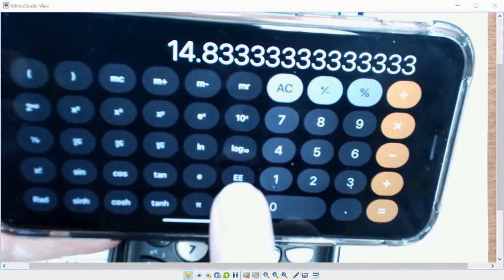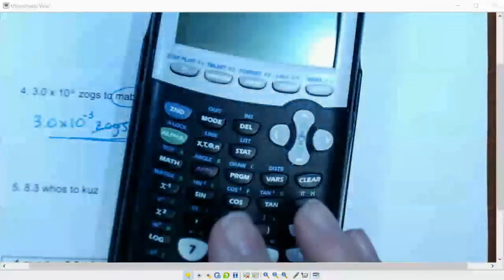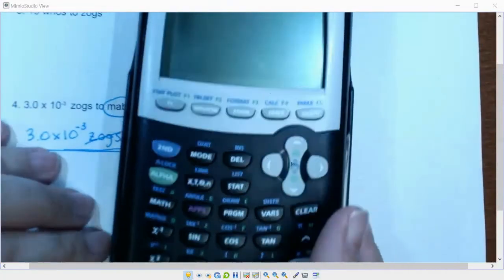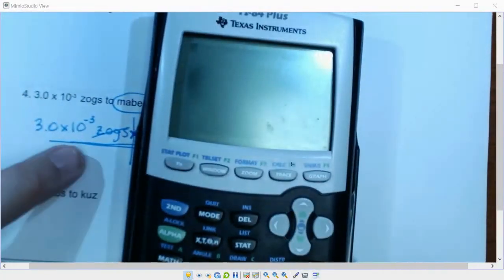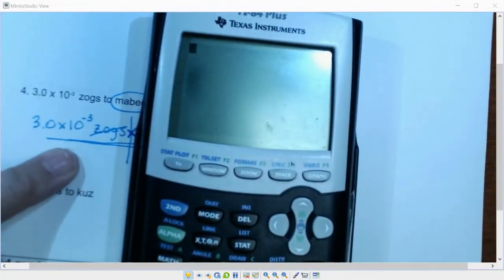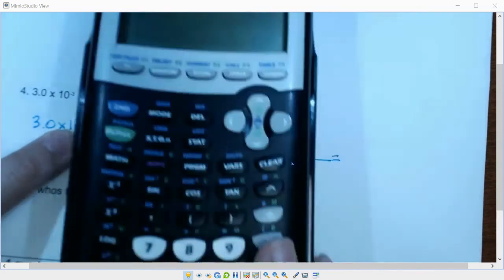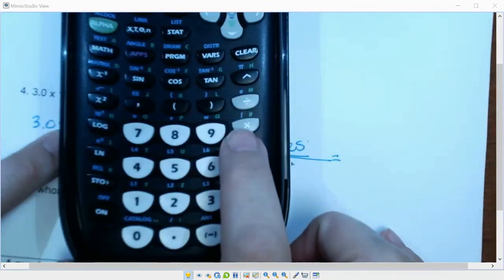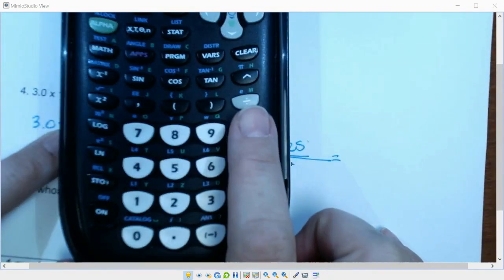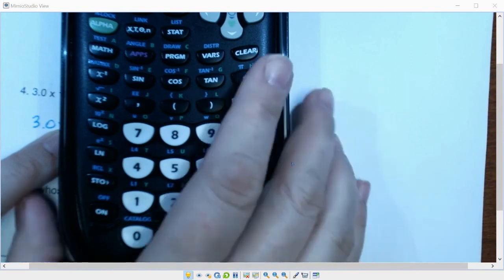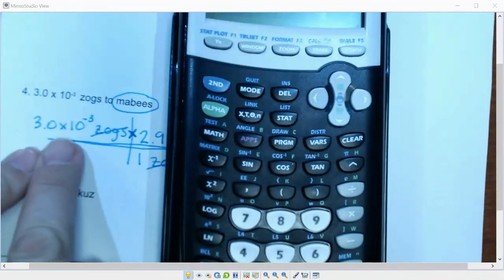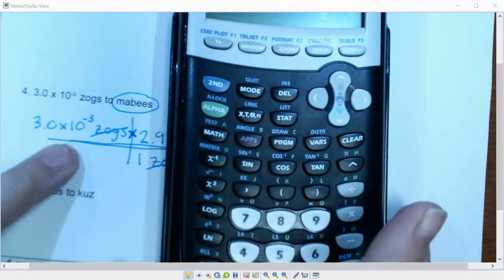That is the same thing as times 10 to some power. So when I want to type 3 times 10 to the negative third, I put in 3.0, and now I just need to tell it times 10, and it's going to wait for the power. Please do not use the multiplication button here because this is telling your calculator to do a math function. This is not a math function because this is just a number.